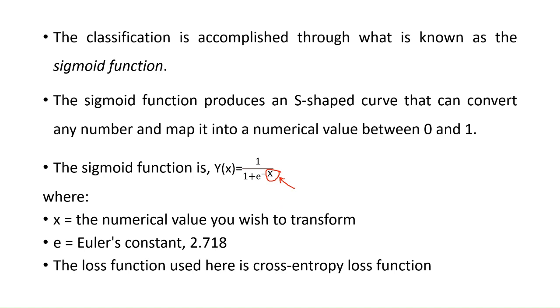That is the actual procedure, but I am not discussing that here. I am making it simple. Any doubt up to this? So this much is enough to understand the logistic regression.